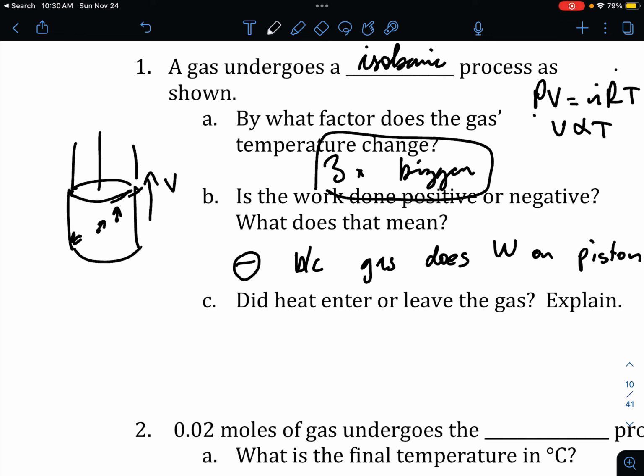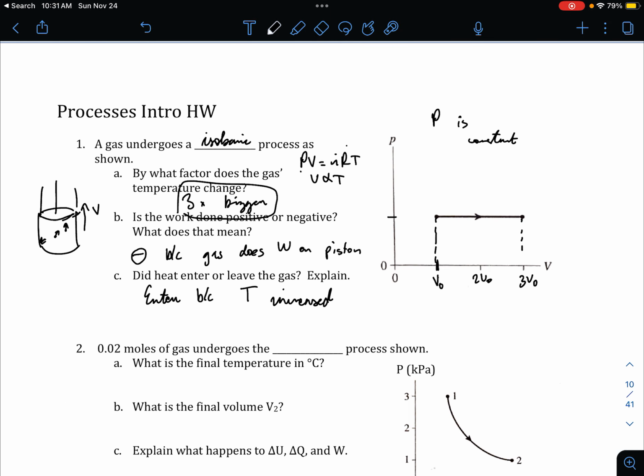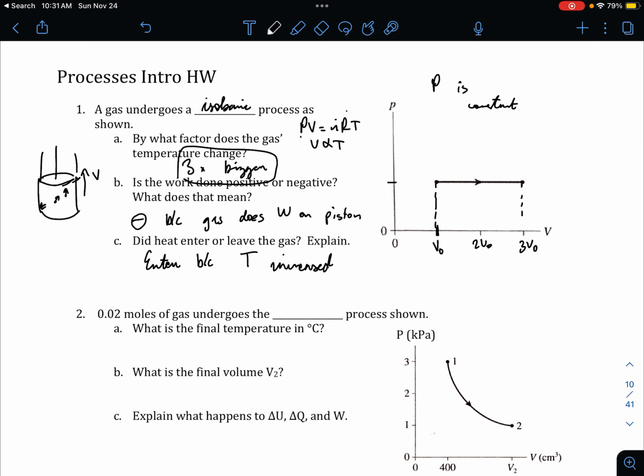The temperature increased, so there must have been heat added to the system, which caused the volume to get bigger. So I'll say enter because temperature increased. If I get any of these wrong, by the way, please let me know. I'm not an expert at thermodynamics or anything. This is just how I think through these kinds of problems.